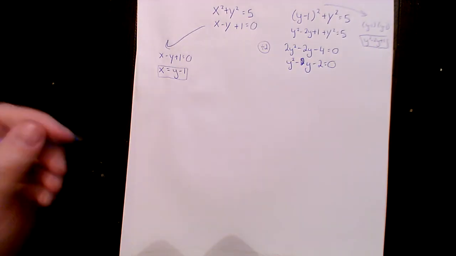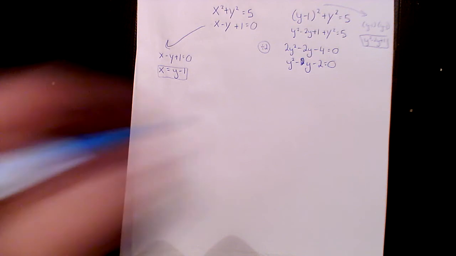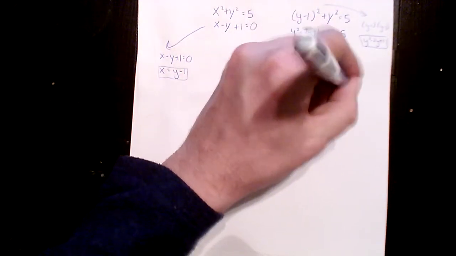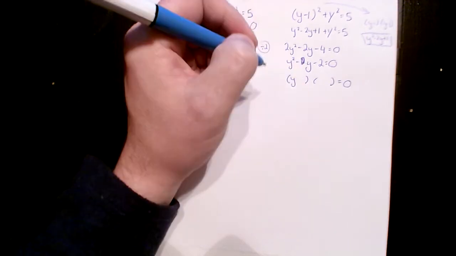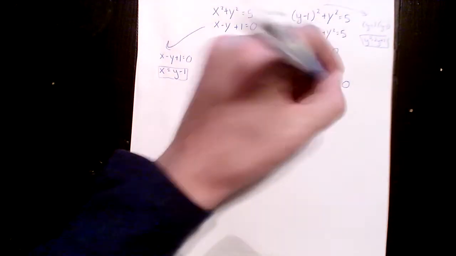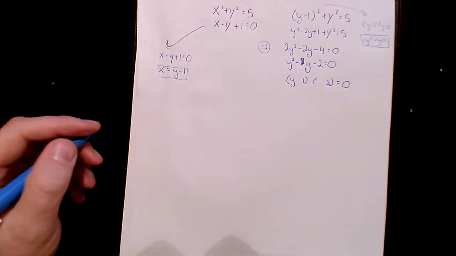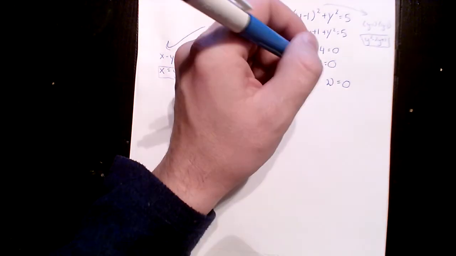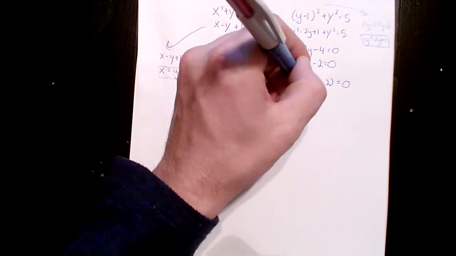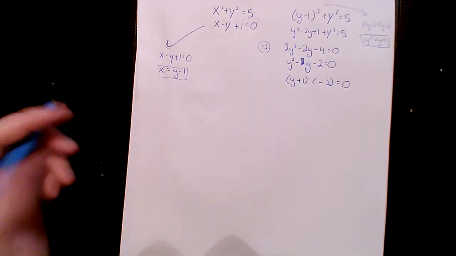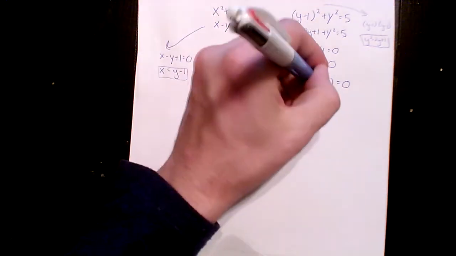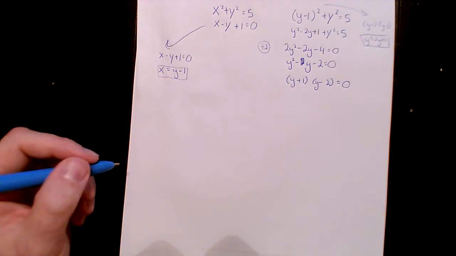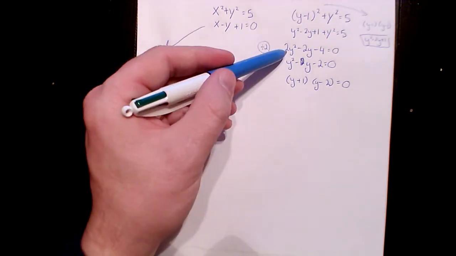Now you could use the guide number if you want, but I know how to factorize this just from seeing it so often. So it'll be y, and 1 will be a 2, and that'll be a 1, and that will be a minus, and that would be a plus. Again, if you're mixed up there, don't worry, just use your guide number here.